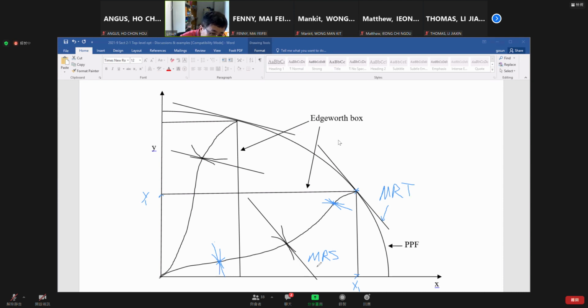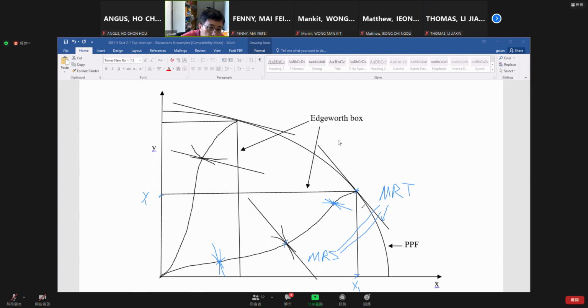This is about the subjective, this one is about the objective. So usually among the whole curve, we have only one point where the marginal rate of substitution equals this one. This is the top level optimal.